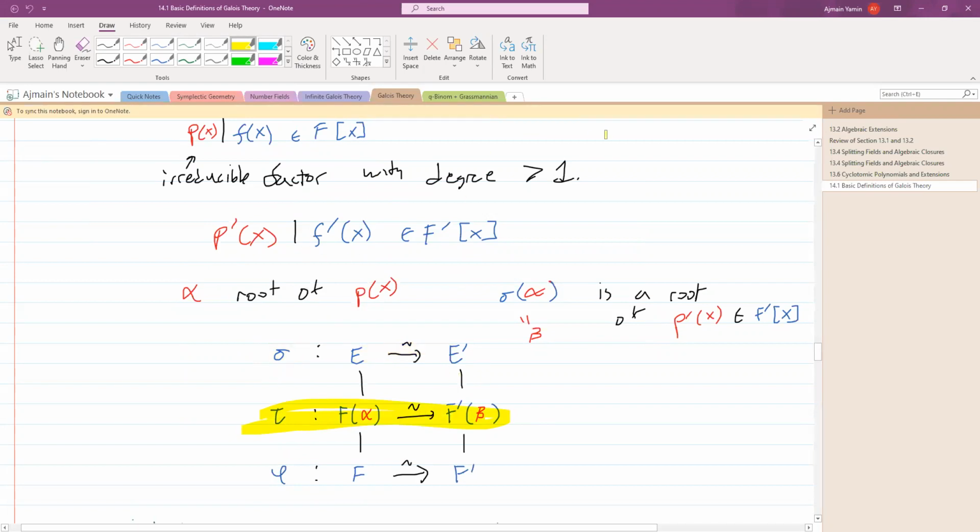That makes sense, right? Yes. And now if you start with beta being a root of p prime of x, then you can get a tau and a sigma.